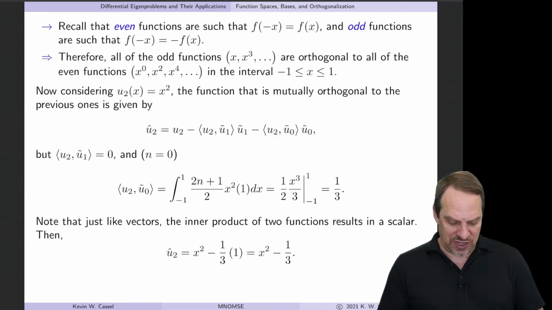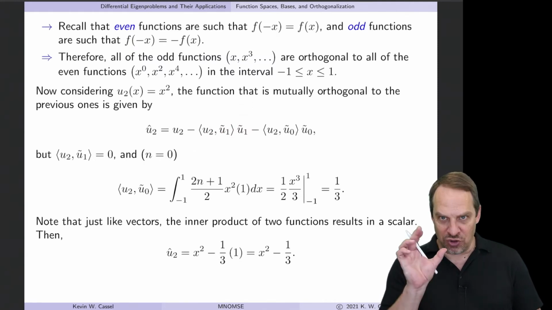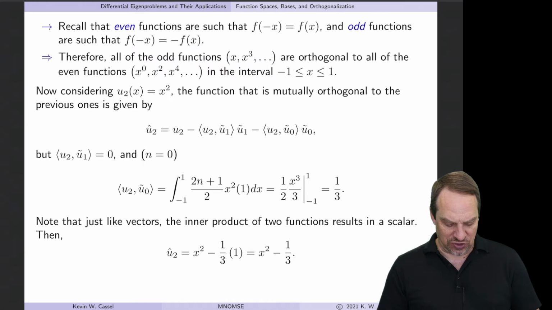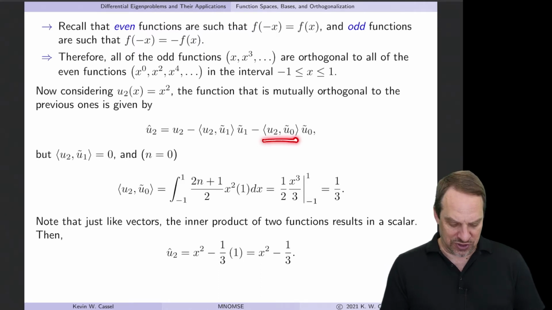But in this case, whenever I have an even and an odd function, that inner product is going to be 0, again, over this interval. If I change the interval, that's no longer true. Okay, so this term vanishes, and so I just need the inner product of u2 with u0 tilde.